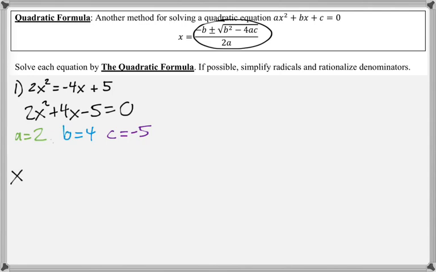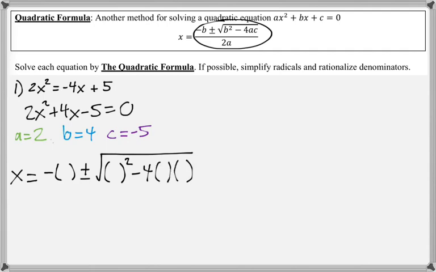Now when you're doing the quadratic formula, you should put open parentheses for all of your different variables. This is really to help you out with negatives, because it's very easy to make some kind of sign error. Okay, so A is going here and here.